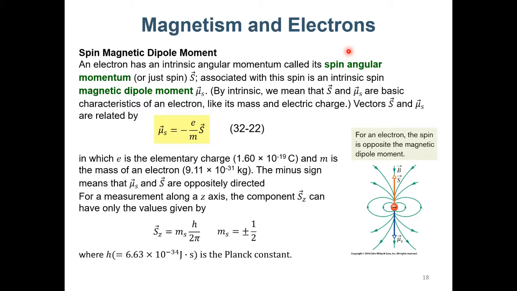Because it generates the magnetic dipole moment without any other way, so we know that the electron is spinning. Due to this spinning, it has the spin magnetic dipole moment.